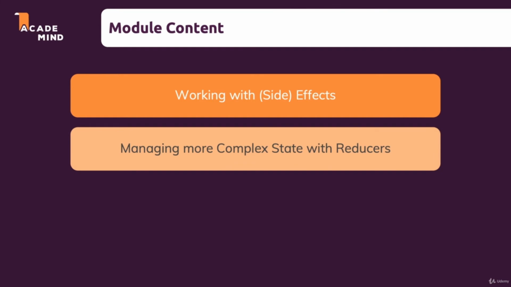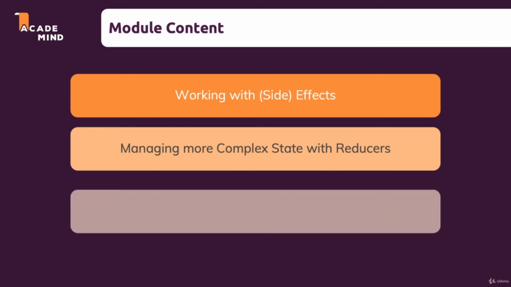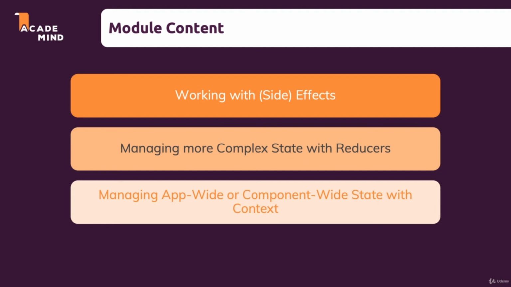And we will explore app-wide or at least component-wide state, so the state that affects multiple components, with a concept called context, which is built into React to make sharing state and state updates across components easier. A lot of important features are included here, so let's not waste any time and let's dive right in.